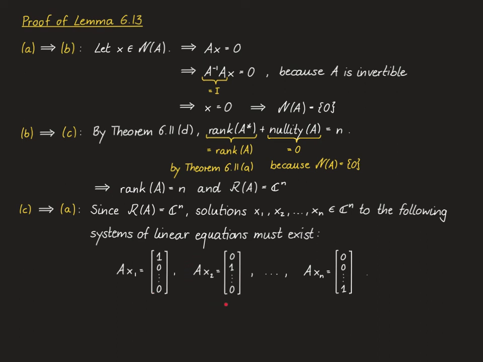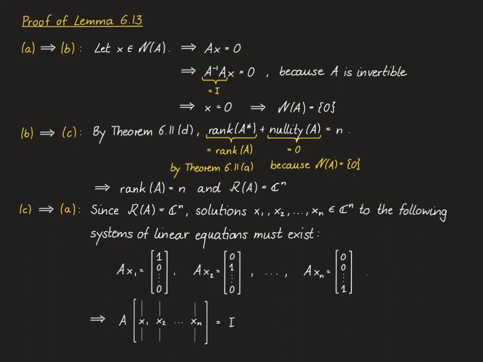In the second system of equations, x2 is the solution to A x2 equals the second unit vector. And we continue in this fashion up to xn, which is the solution to the equation system A xn equals the nth unit vector. And these solutions must exist because all of these unit vectors are in the range space of A.